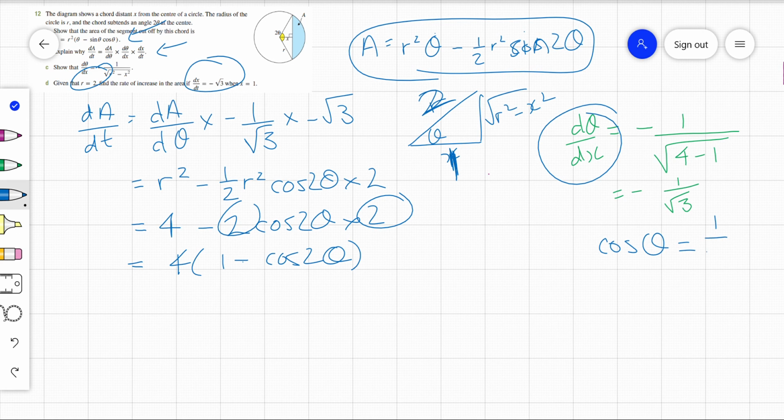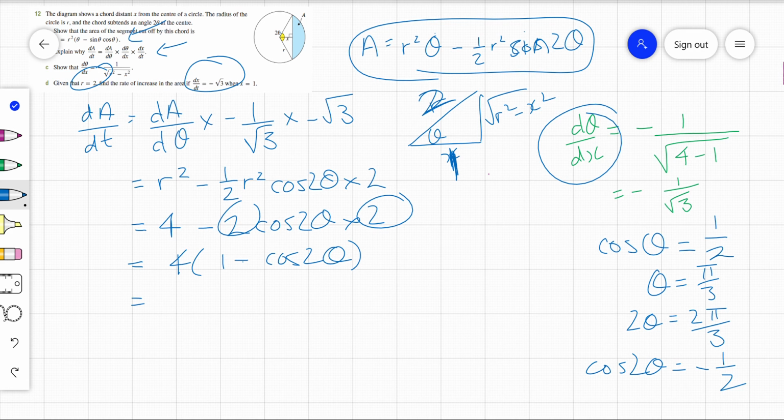So we know cos theta is a half. That means that theta is pi on 3, so cos 60 is a half. So if I double that angle, I am going to get 2 pi on 3. So I am in the second quadrant. So cos of 2 theta in the second quadrant is a negative half.